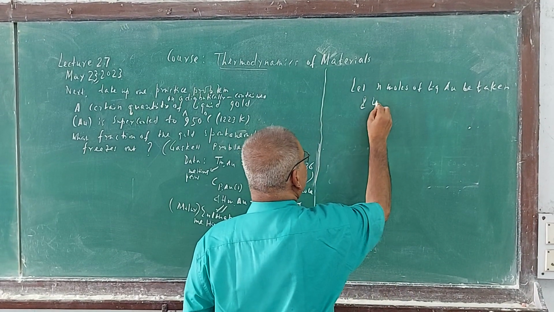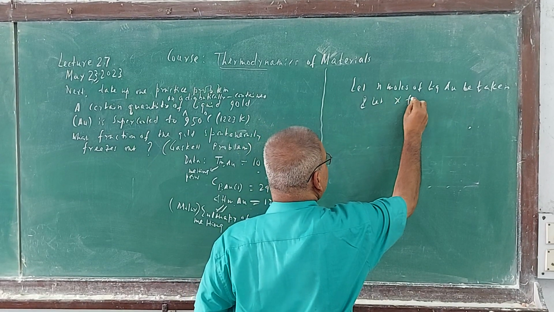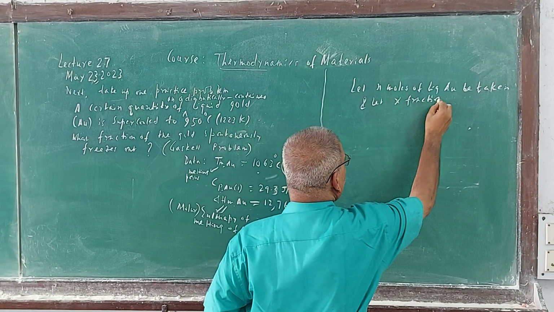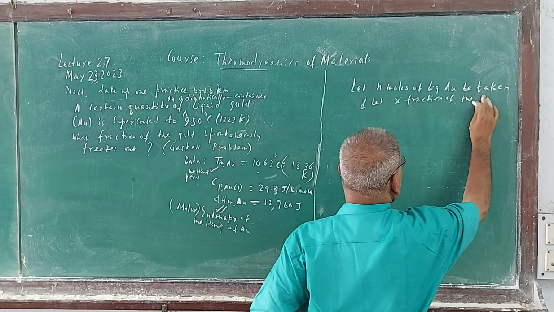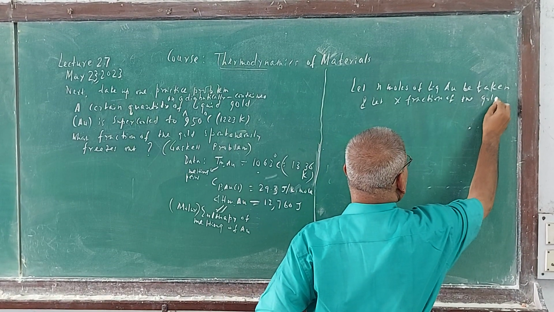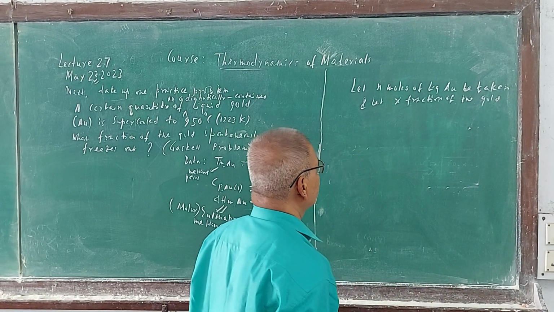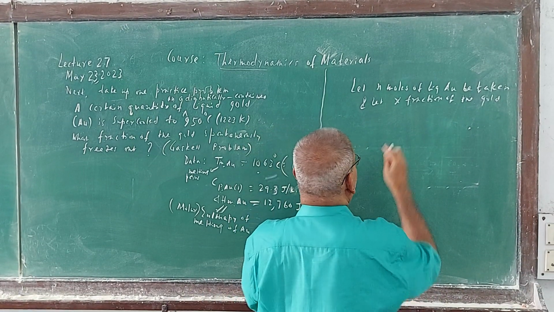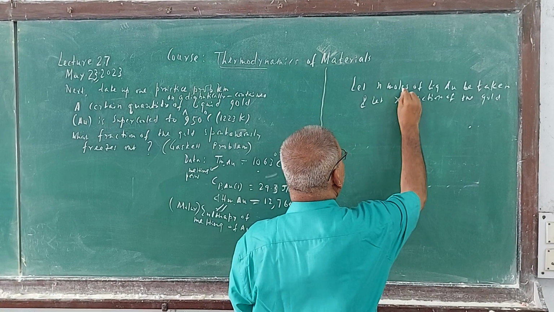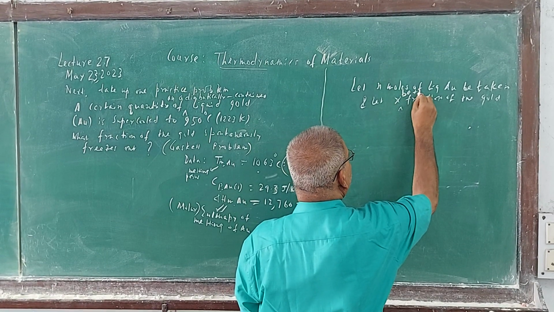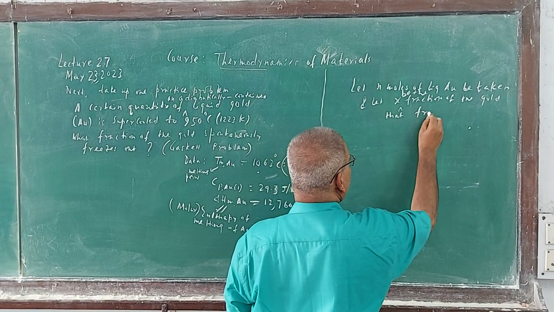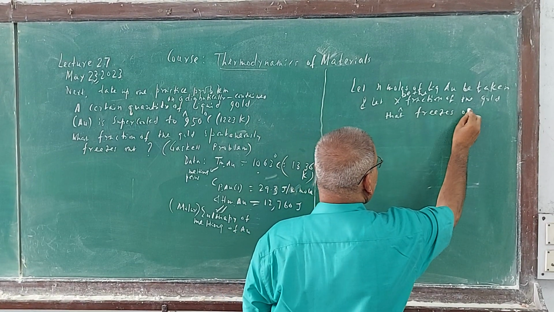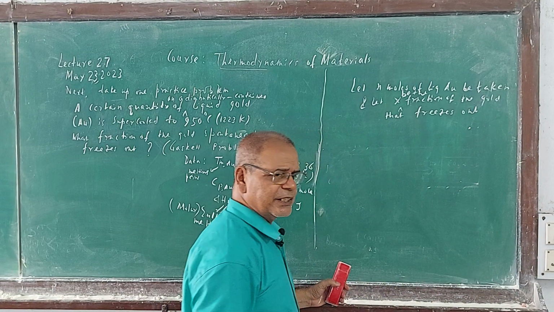A certain quantity, n moles. And let X be the fraction of the gold that freezes out. These are taken.